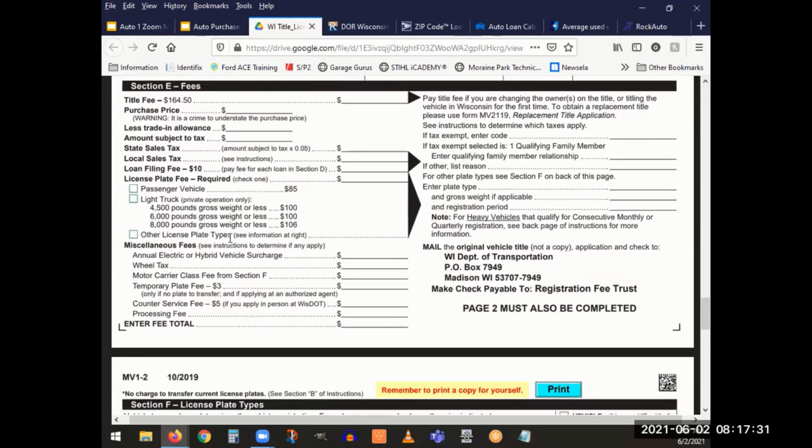Then you got miscellaneous fees. This is where they really needle you to death. There's an annual electric or hybrid vehicle surcharge. So if you're purchasing an electric vehicle or a hybrid vehicle, they're going to give you a fee on top of that that you have to pay every year. The reason for it is because you're not using as much gasoline, and gasoline is taxed. They're going to get their money somehow.